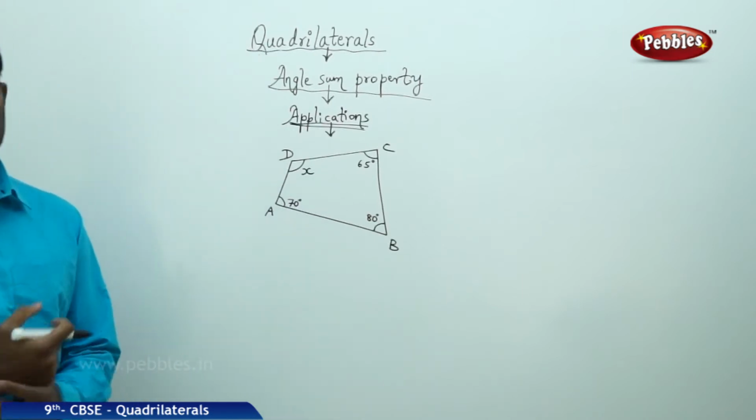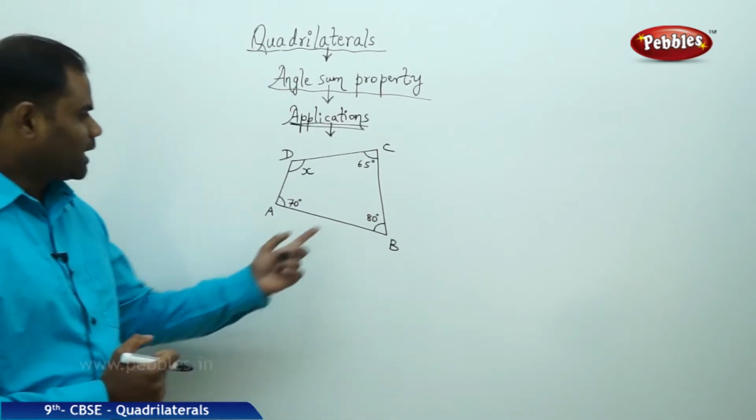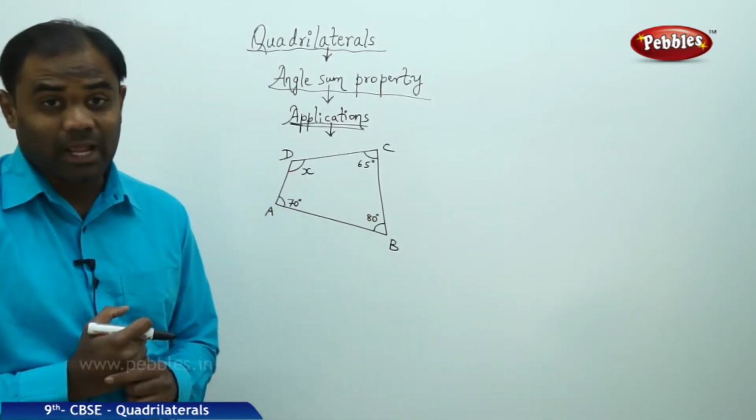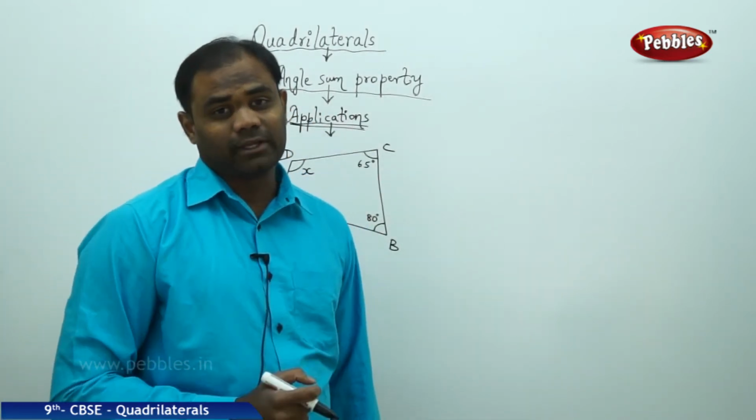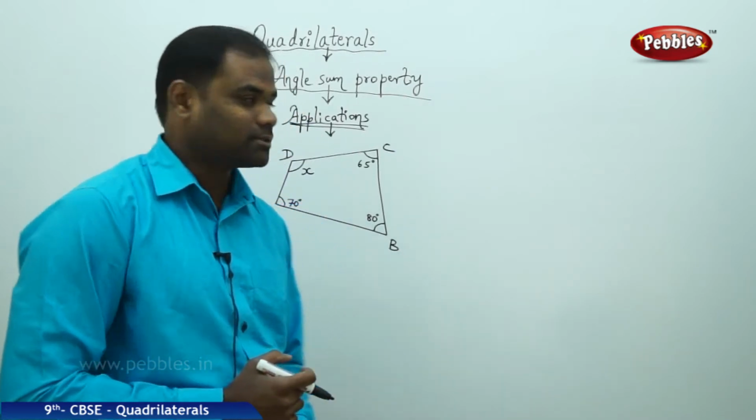This is x. So I know three of the angles, but I want to find the fourth angle. Then my angle sum property is more significant in such situations.